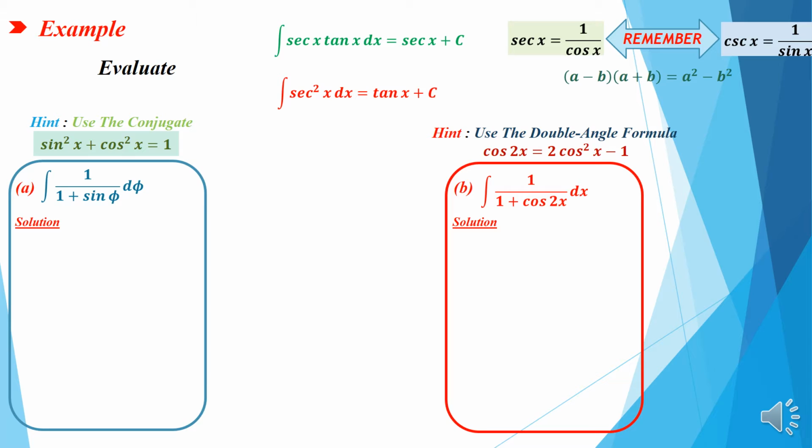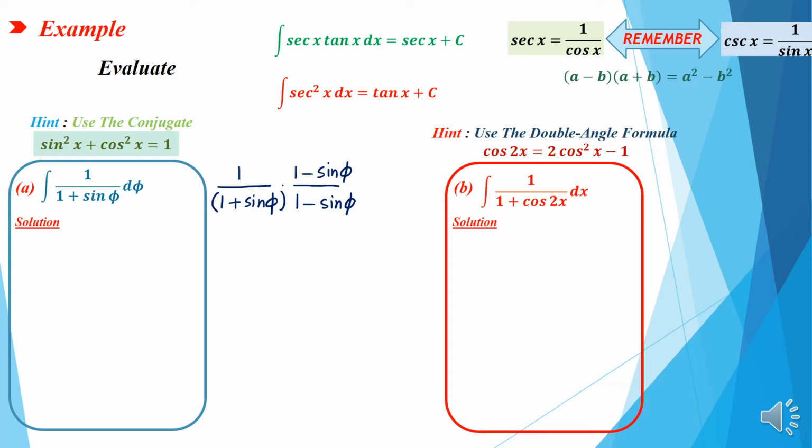So firstly you have to multiply the inside function by its conjugate, and the conjugate is 1 minus sine theta, divided by 1 minus sine of phi.